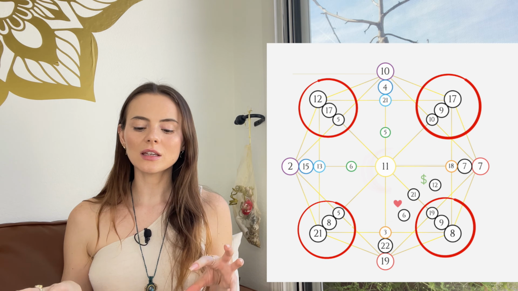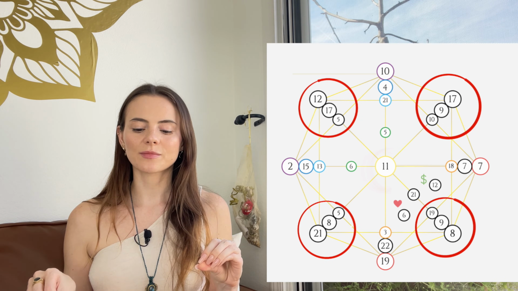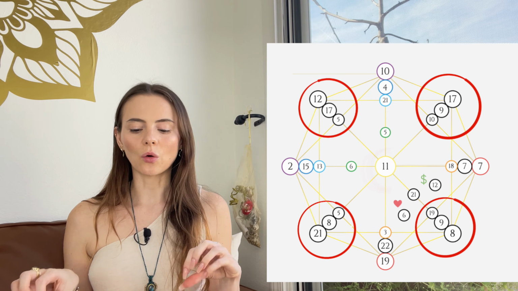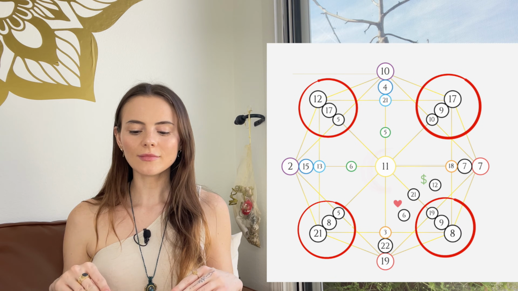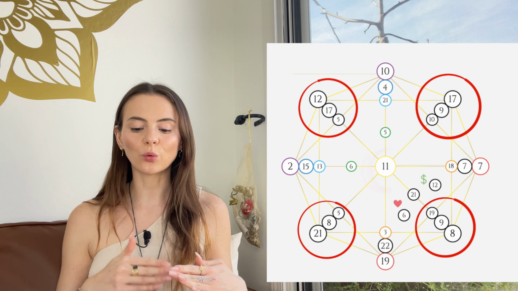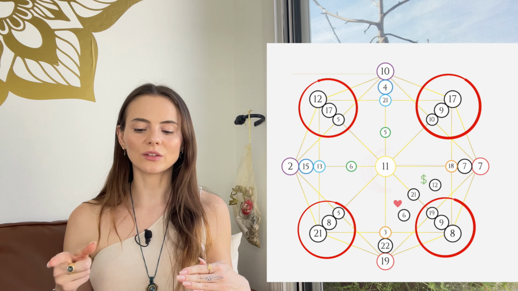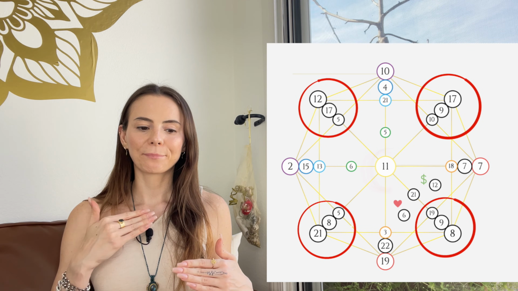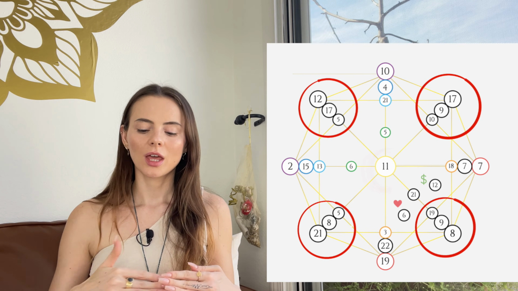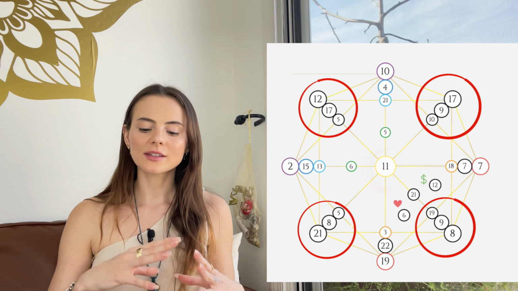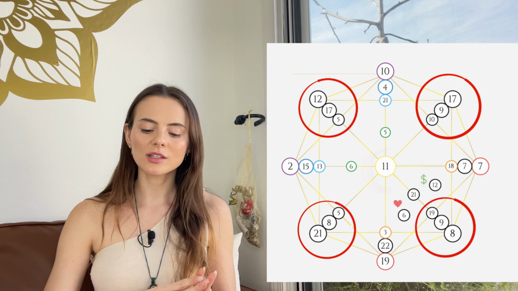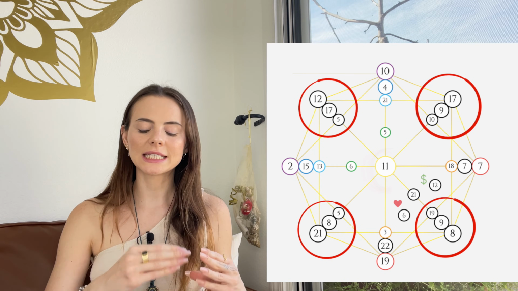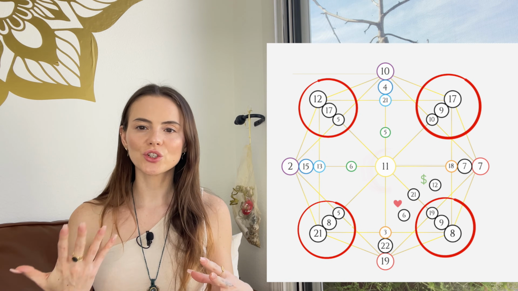So you can see what your ancestors, on the lower left corner, let's say, 21, 8, and 5, on your mother's side. These are the 3 energies that your ancestors did not manage.